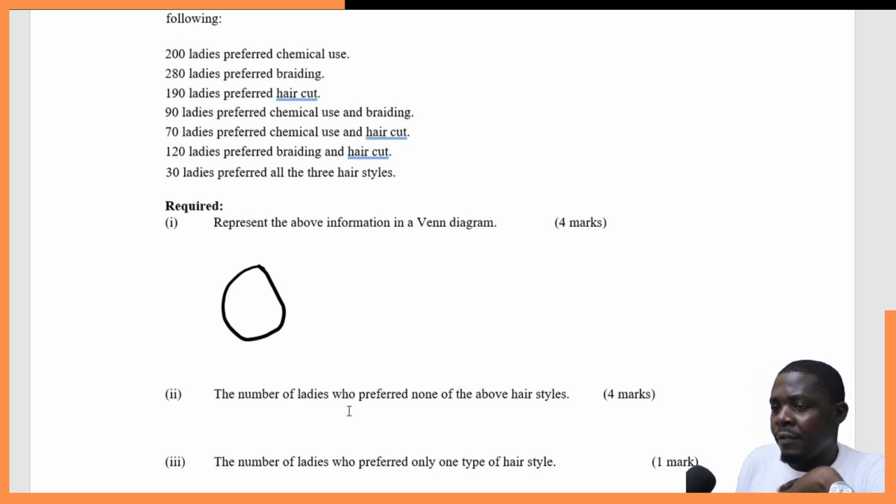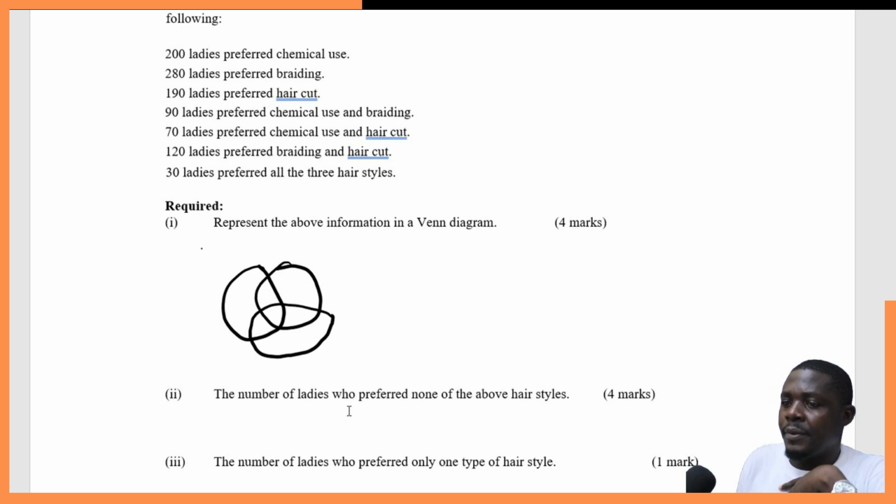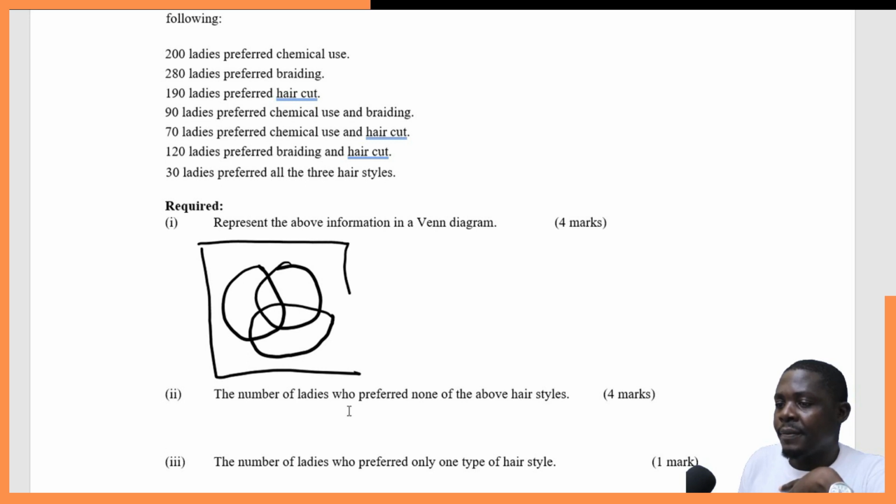We can draw our Venn diagram in this manner. We draw 3 circles that intersect together.